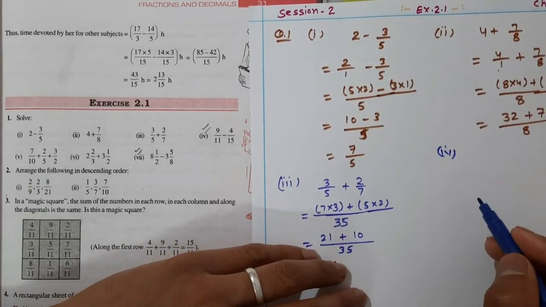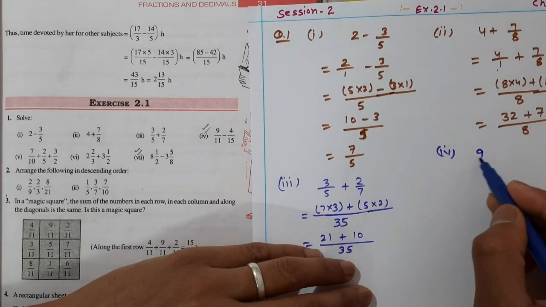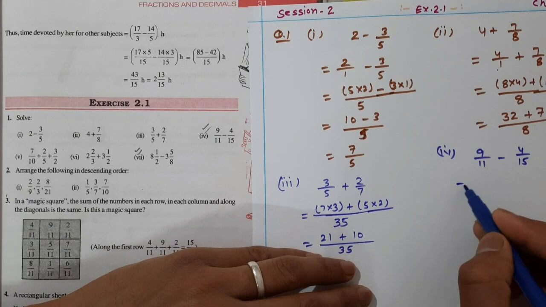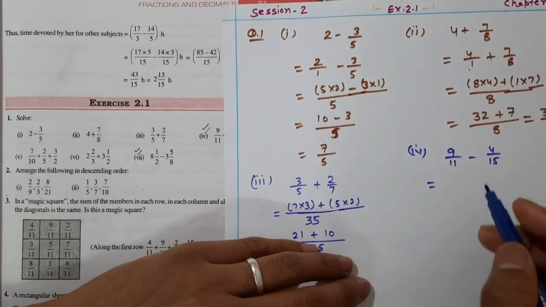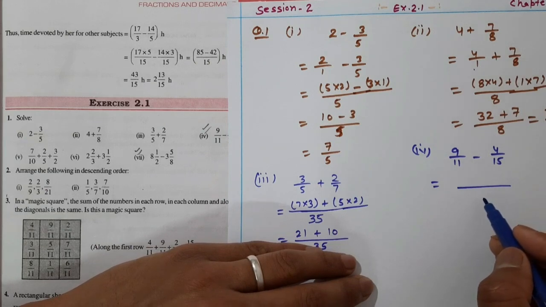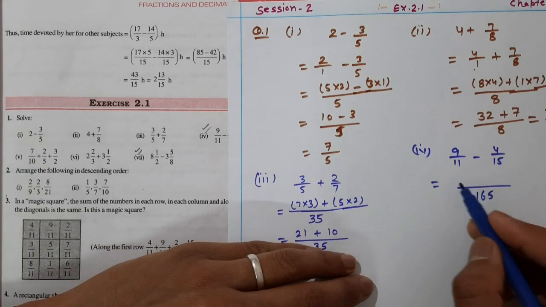Roman number 4. 9 upon 11 minus 4 upon 15. The LCM of 11 and 15 is 165. Then 165 divided by 11 is 15.